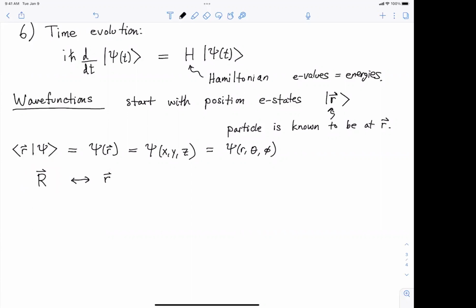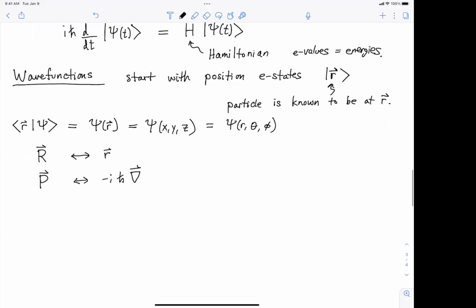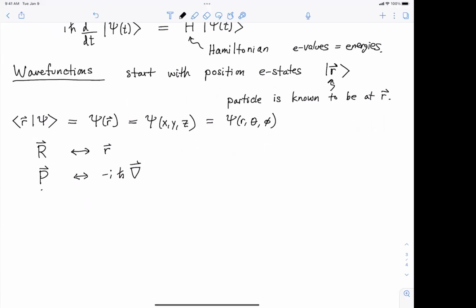And then for the momentum, you would write minus i h bar times the gradient as a differential operator. So when I write this, what I really mean is these on the left are operators. Okay, and on the right, we're talking about their action as differential operators, not Hilbert space operators, on wave functions.